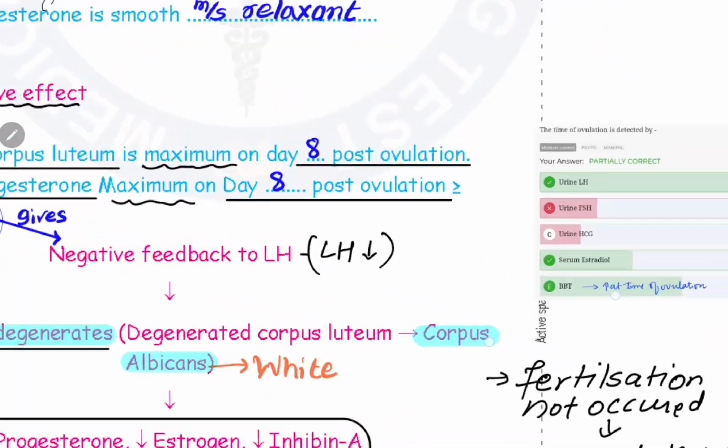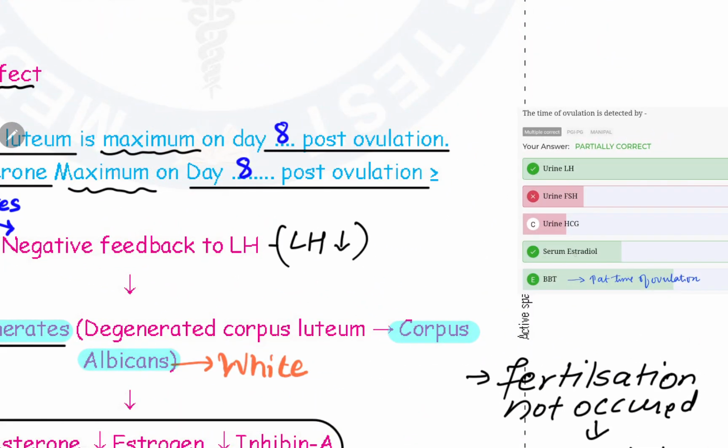The time of ovulation is detected by urine LH, serum estradiol, and BBT. What is BBT? It increases at the time of ovulation. Not FSH and HCG. So the time of ovulation is detected by LH and estradiol, because we all studied LH: the LH surge happens 36 hours prior to ovulation. So everything related to ovulation is with LH only.